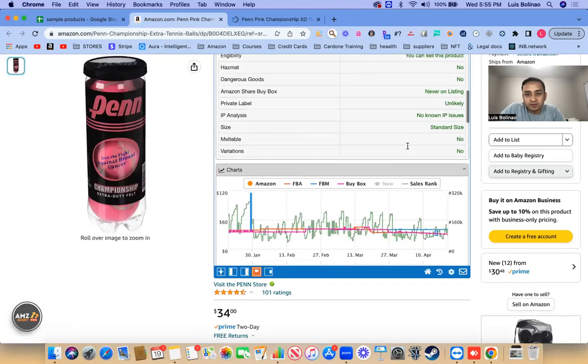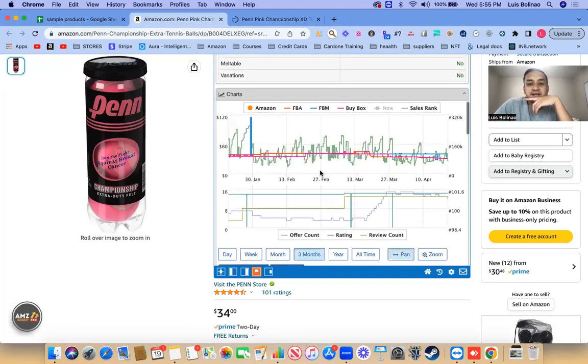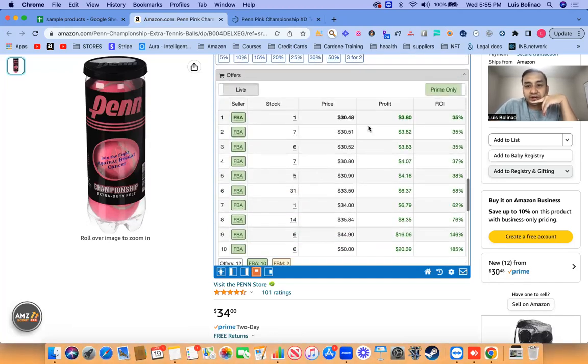There's a lot of competition. So 89 sales a month, shared by these other sellers. So we're really competing with these guys right here, because these are the ones that are priced fairly, for like $30.